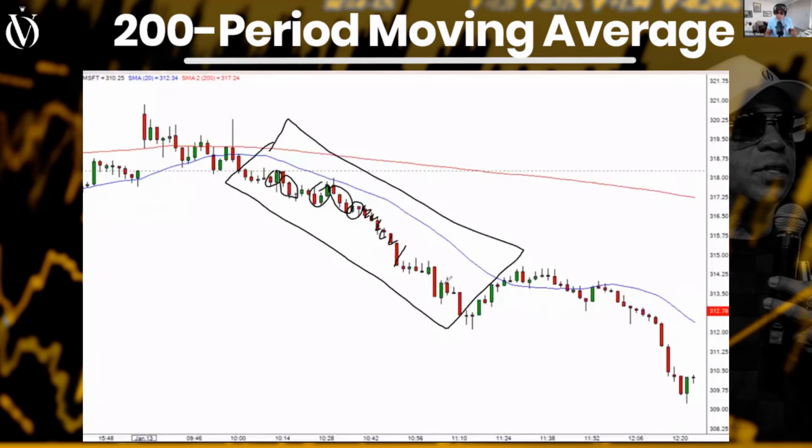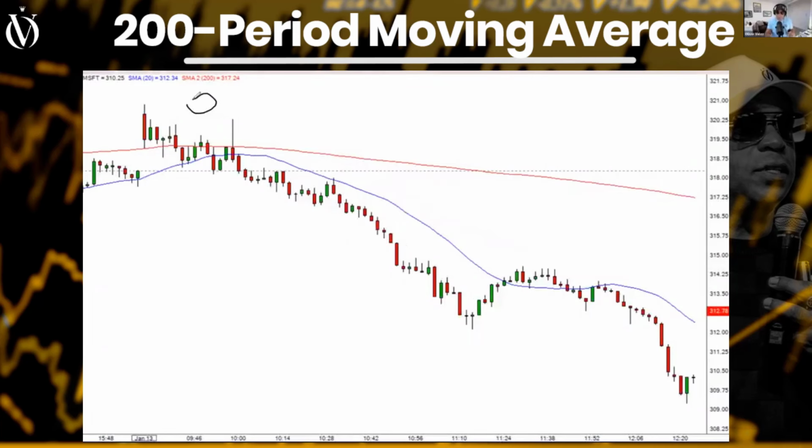All right. So remember these three things. We know position: above, position below the moving averages, plus and minus. We know state: narrow, and we know wide.